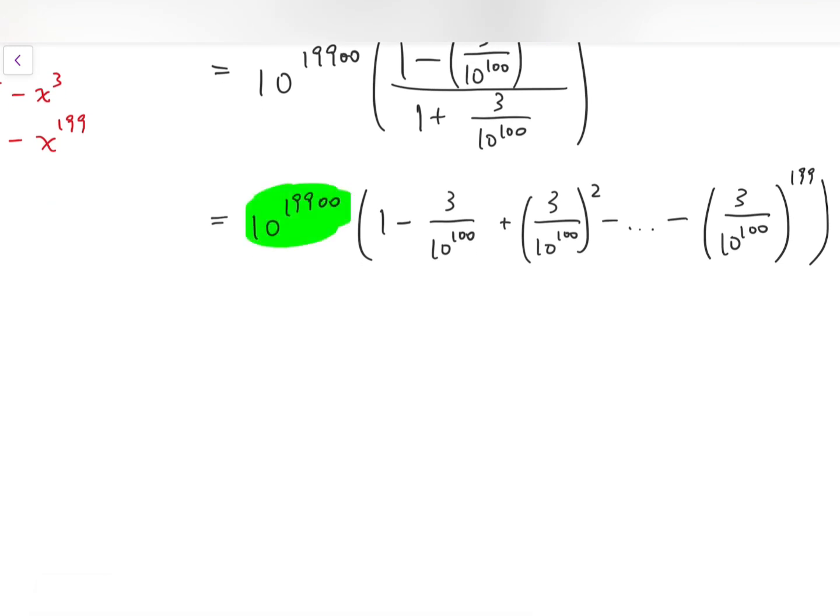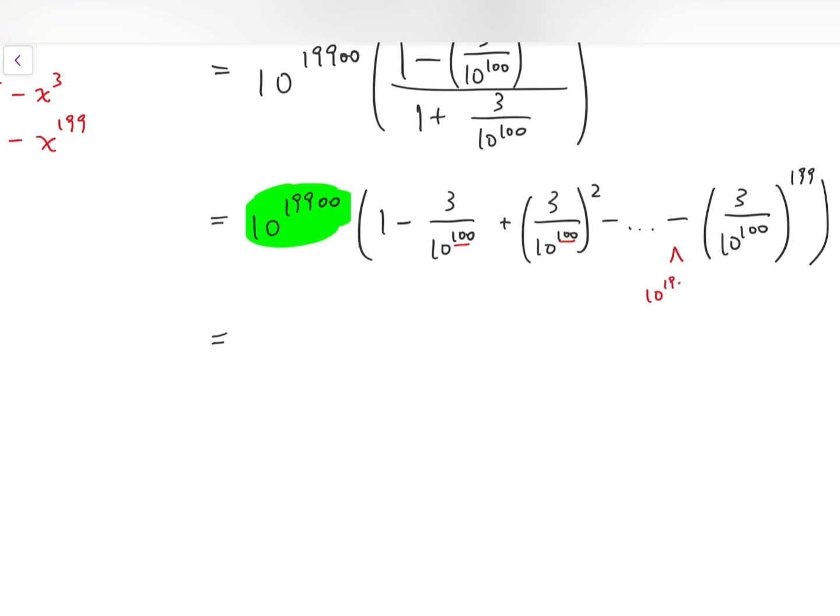And in fact, with the help of this power of 10, all but the last term will be a multiple of 10, because for the denominators, the exponents are 100, 100 times 2, which is 200, 300, and so on.